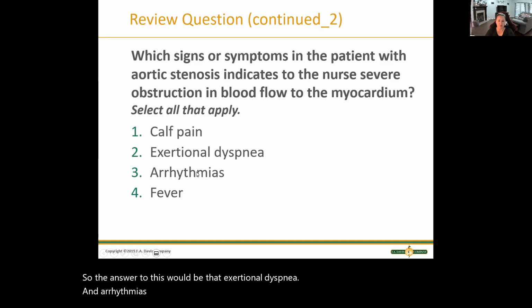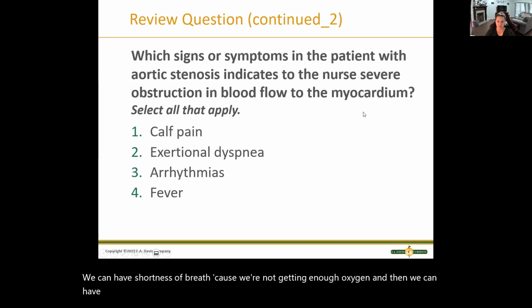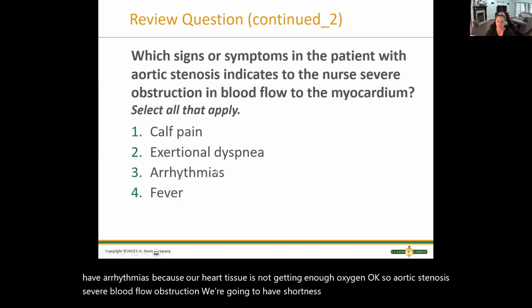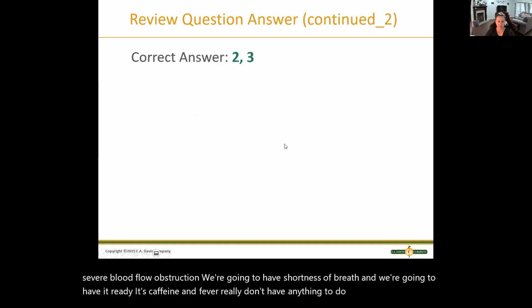So think about blood flow and perfusion, and when we don't get blood flow and perfusion, we can have shortness of breath because we're not getting enough oxygen, and then we can have arrhythmias because our heart tissue is not getting enough oxygen, okay? So aortic stenosis, severe blood flow obstruction, we're going to have shortness of breath, and we're going to have arrhythmias. Calf pain and fever really don't have anything to do with that.